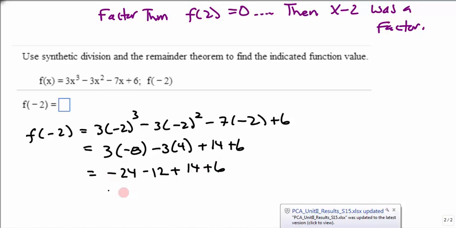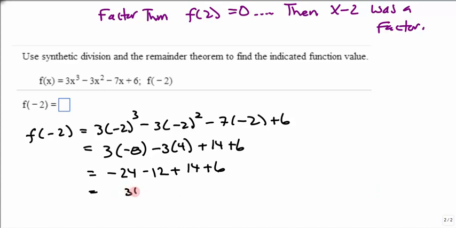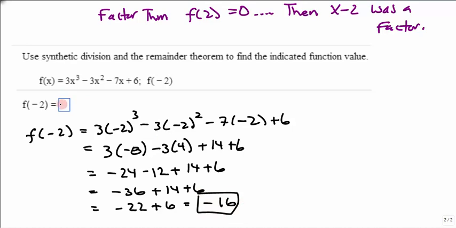We have -24 minus 12 would be a -36. And then we'd have -36 plus 14 would be a -22. And then we have a -22 plus 6 would be a -16. So I think our answer here will be a -16.